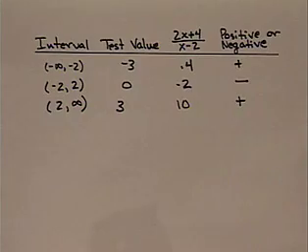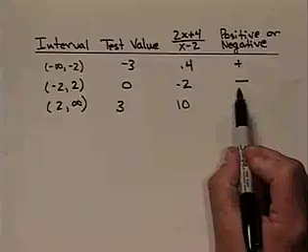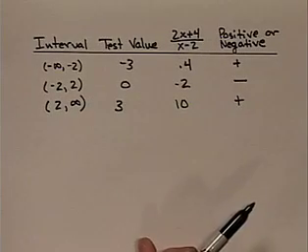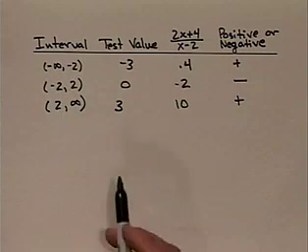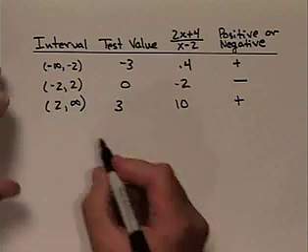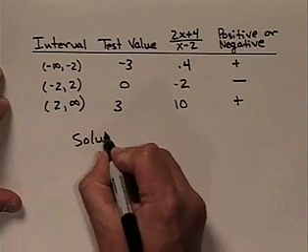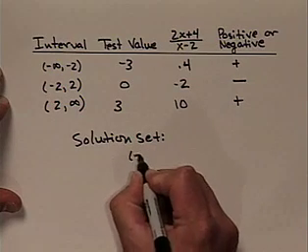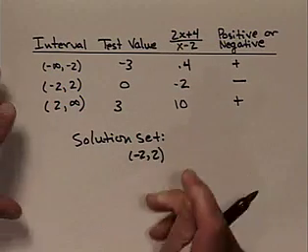Now, the inequality that we were solving was a less than, and so we need to find the intervals on which the rational function is less than 0. And that would be right here where it's negative. Furthermore, this was a strict inequality, so neither of the endpoints or boundary numbers for the interval will be included. And so the solution set is the interval from negative 2 to 2.